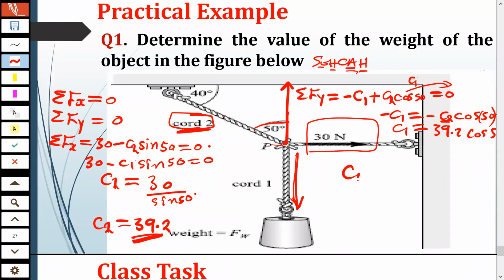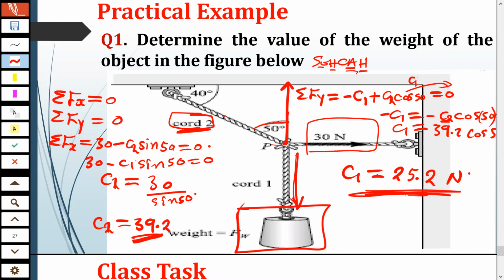So my C1 is therefore going to be equal to cos 50 times 39.2. And this is giving me 25.2. So my C1 is 25.2 newtons. So the weight of this object is simply just 25.2 newtons.